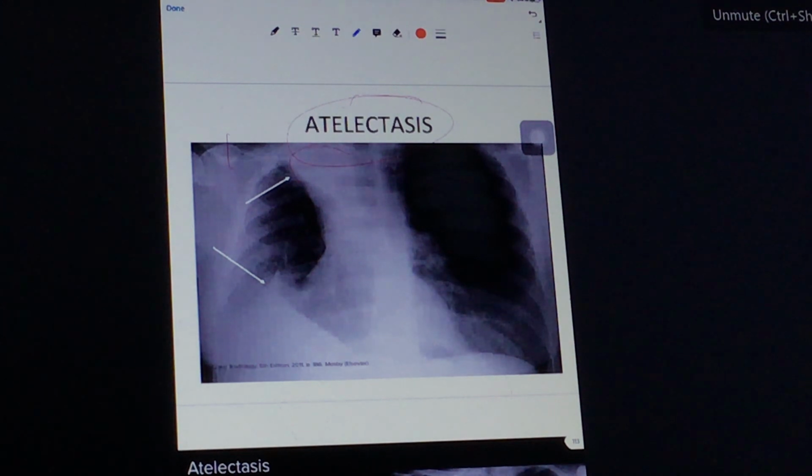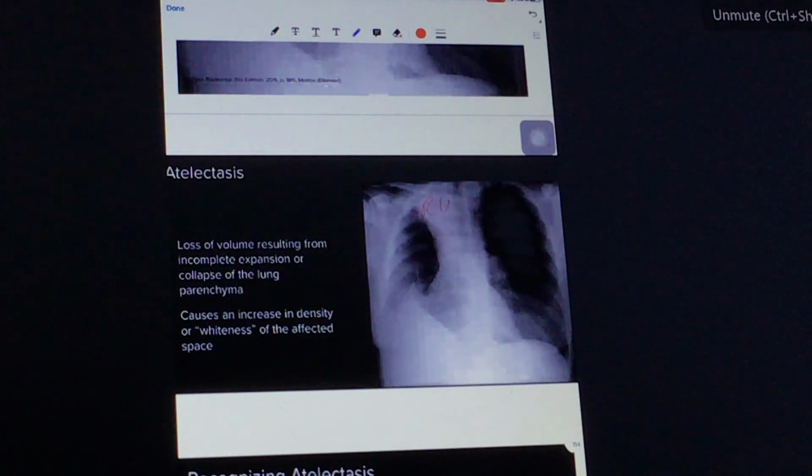Here, the atelectasis is seen in the right upper lobe and right lower lobe. In the normal lung, you can still see lucency, but on the right it appears whiter, meaning the lung parenchyma loses its air. So when the lung loses its air, it becomes whiter.